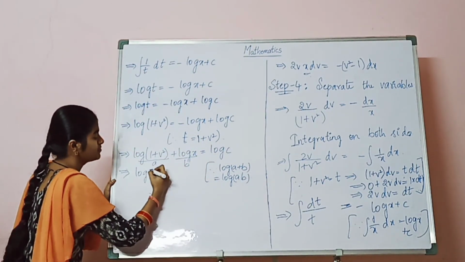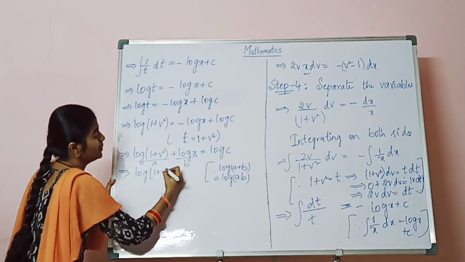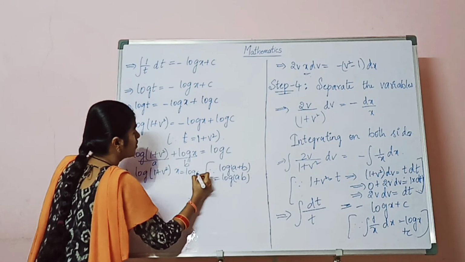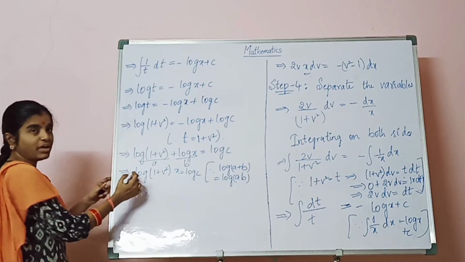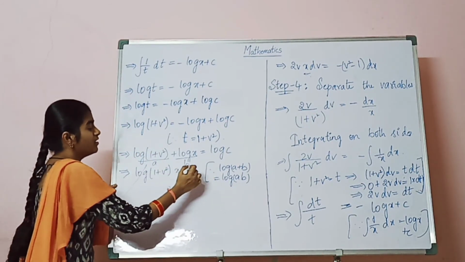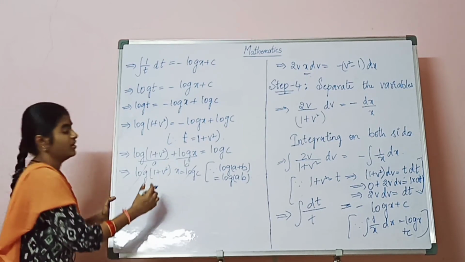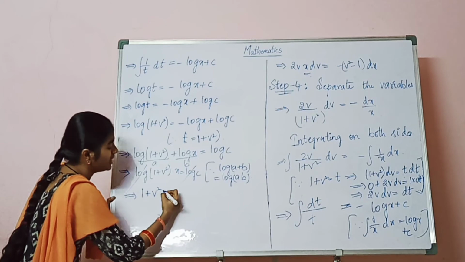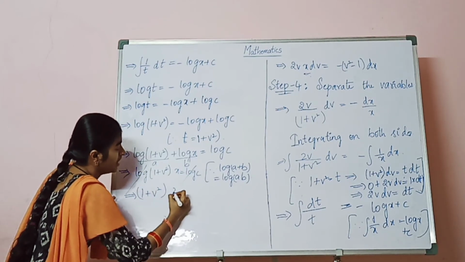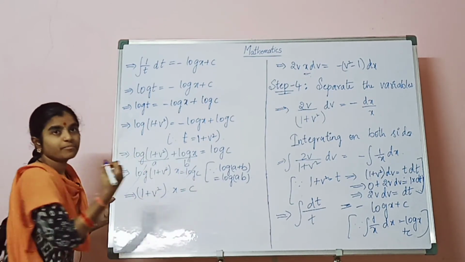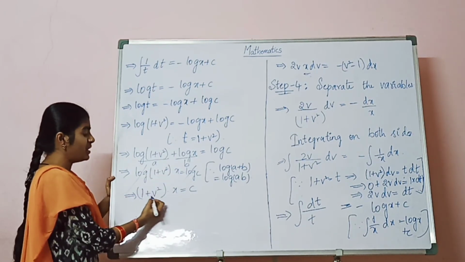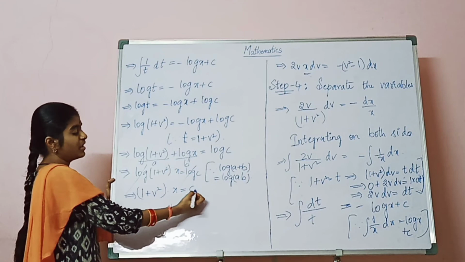So log of 1 plus v square into x equals to log c. Now we have to cancel this log and this log. So what is remaining here? 1 plus v square into x equals to c. That implies, what is remaining after cancelling the log? 1 plus v square into x equals to c.